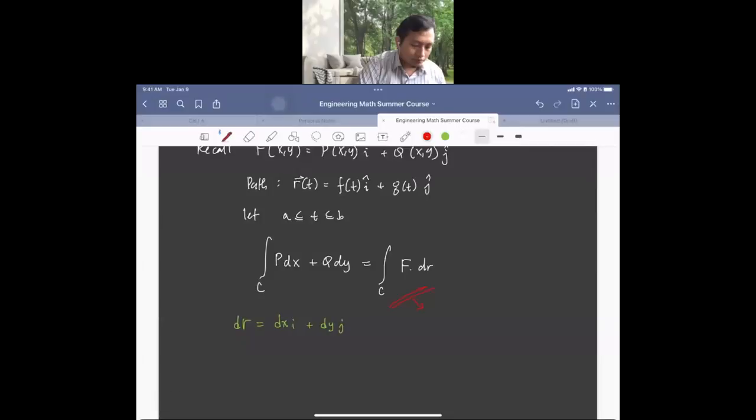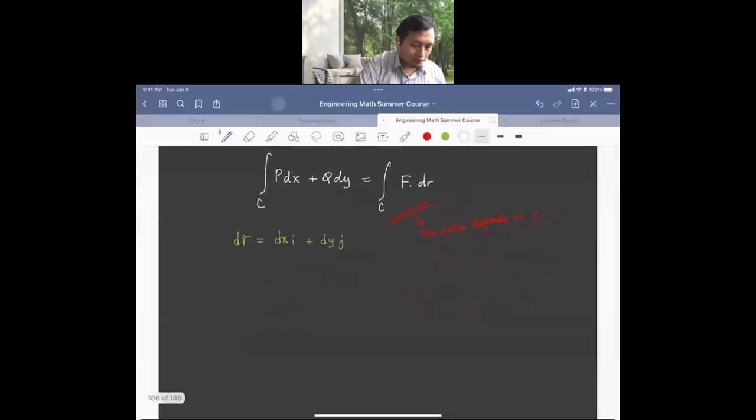So this value depends on the path C, the path that's taken. So let's just take some illustration. First, going from A to B along this C1.